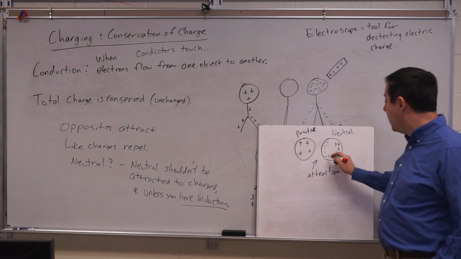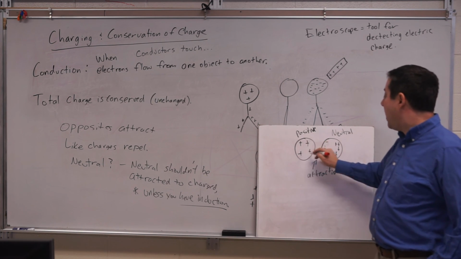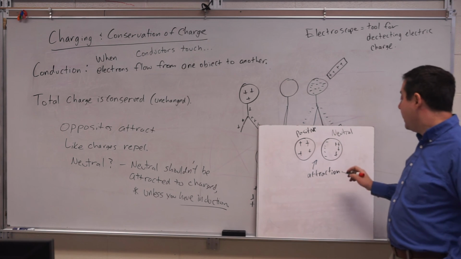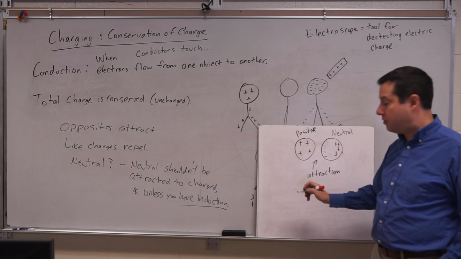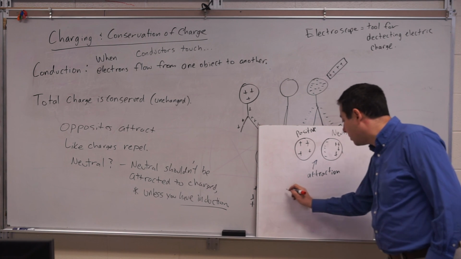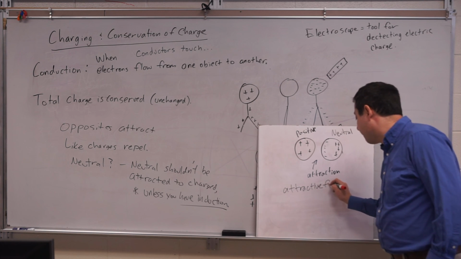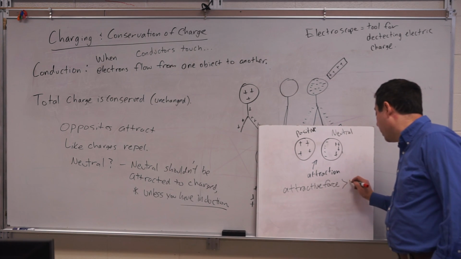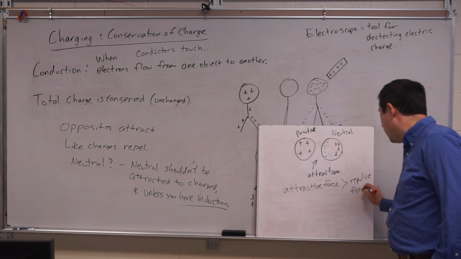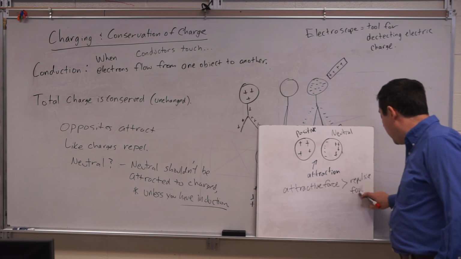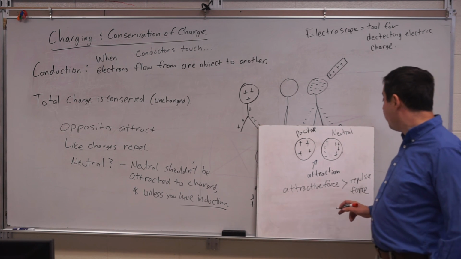And that's because the attractive force between the positive charge and the negative charge is bigger than the repulsive force between the positives and the positives. So the attractive force is bigger than the repulsive force. And this gets into something that we're going to talk about in the next video.